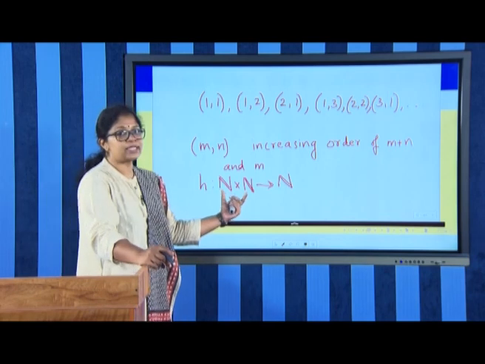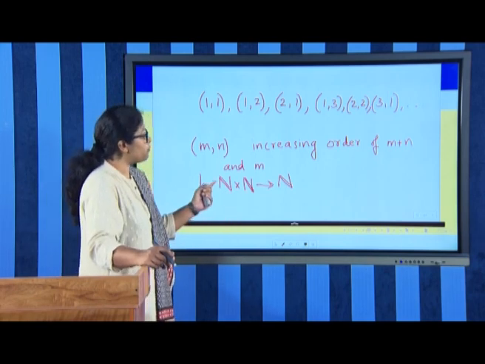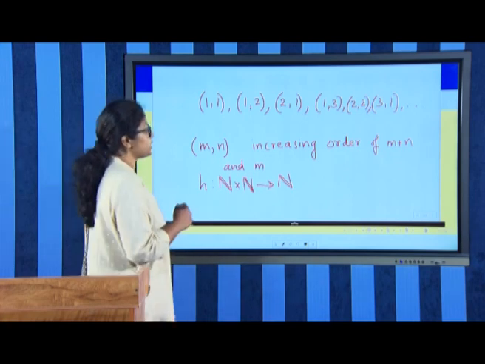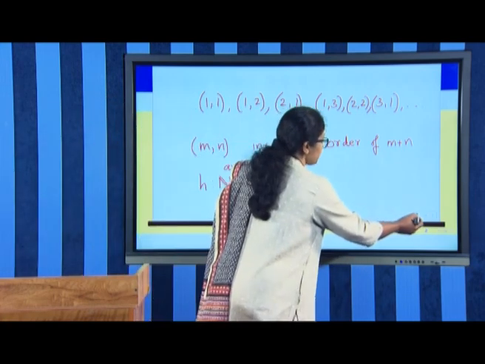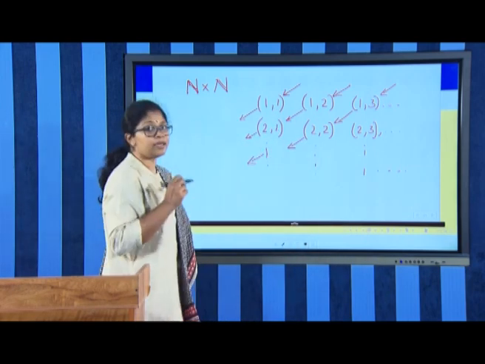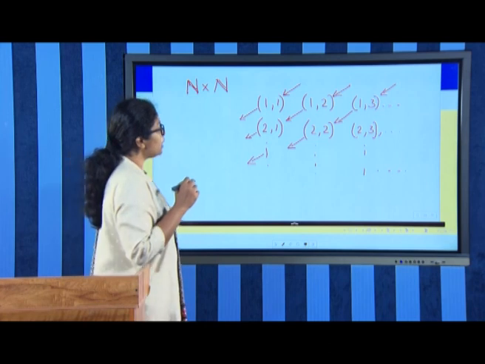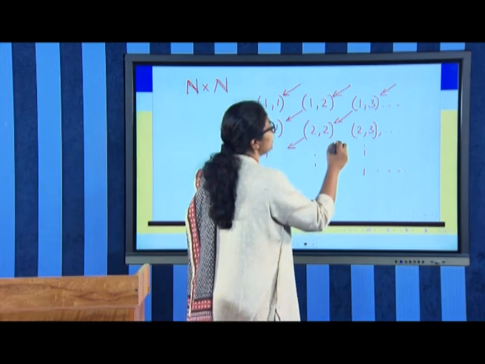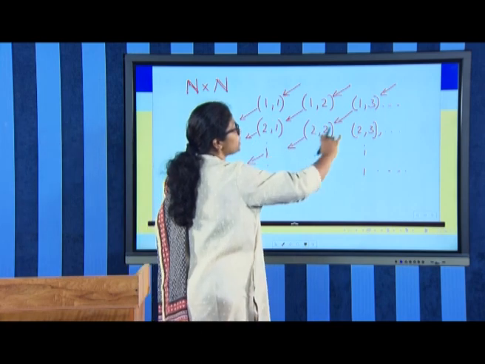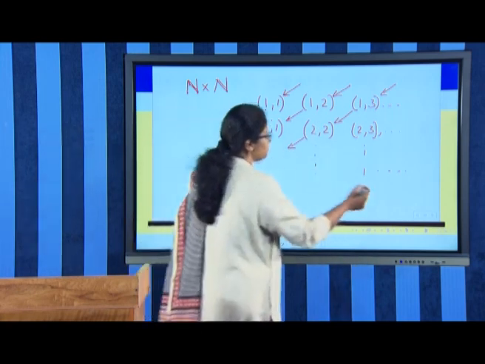In order to define such a function h, first we need to find out how many elements there are in the kth diagonal.